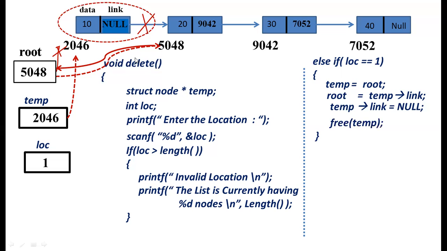Okay. Now suppose we want to delete the node from the end or in the middle of the linked list, or at a specified location. Then what do we have to do?